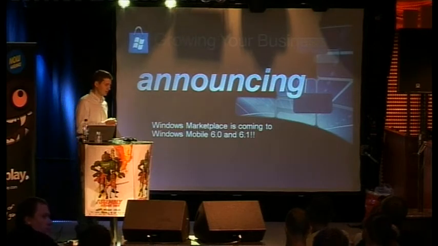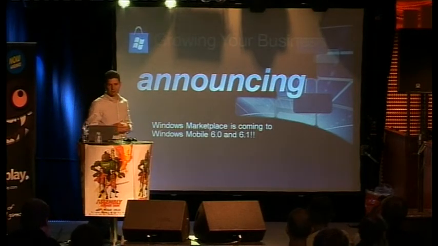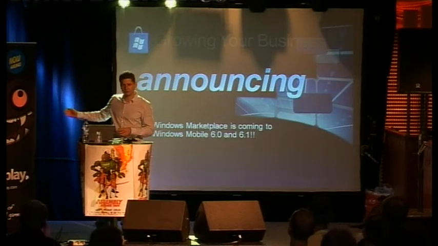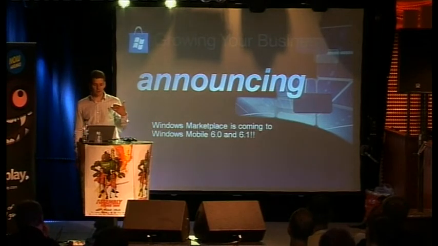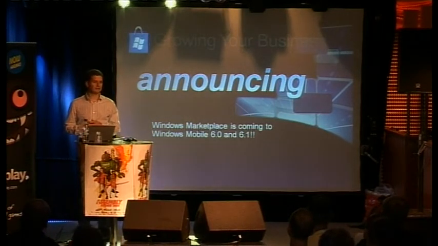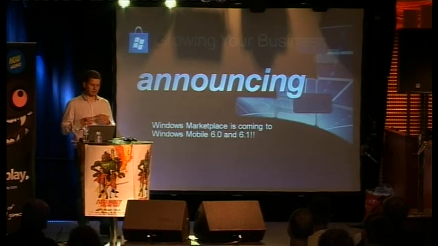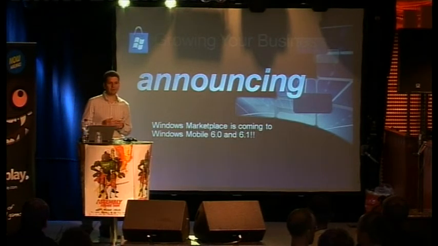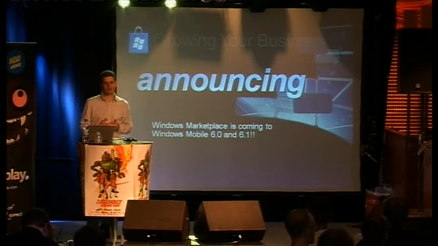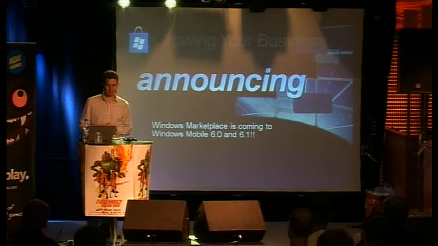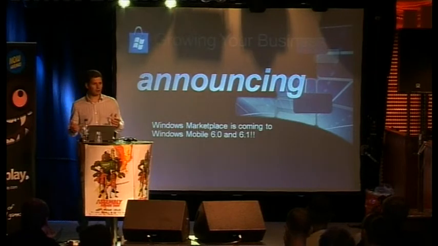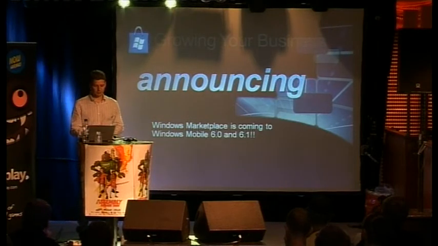And the key thing here is that it's expanding the market. It's not just going to be the new 6.5 devices that come out, but also devices that people have bought today, such as the Sony Ericsson Xperia. They will be able to download the Marketplace application and take applications onto their device via download. So a widening market, and that presents a bigger opportunity.